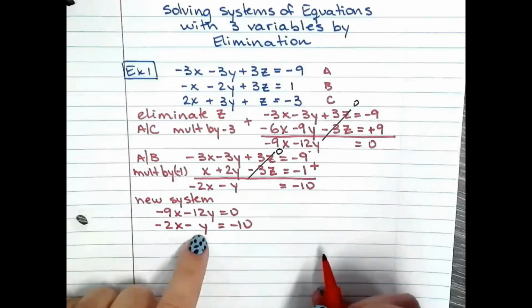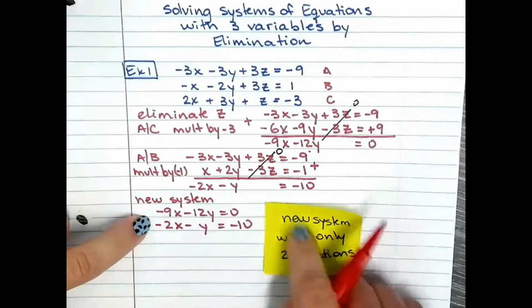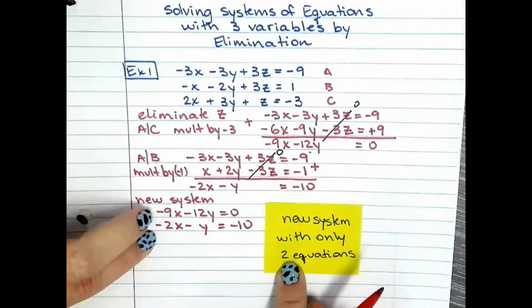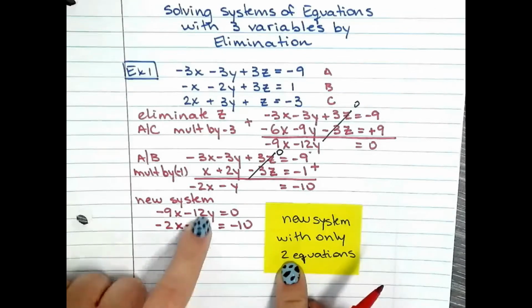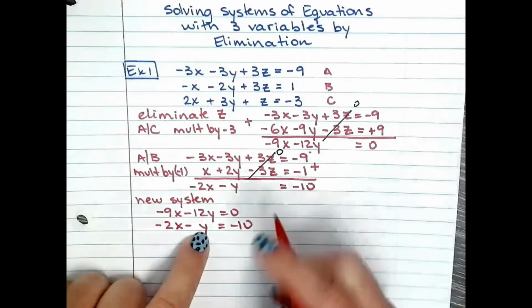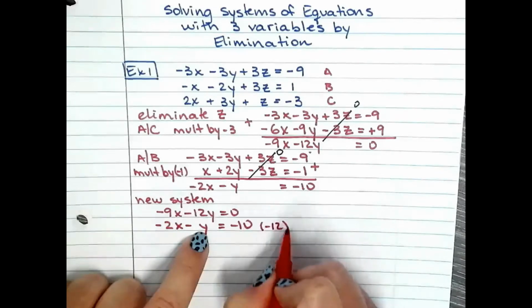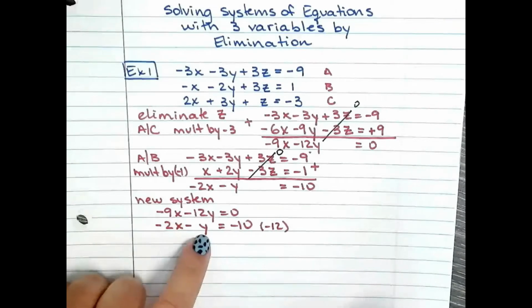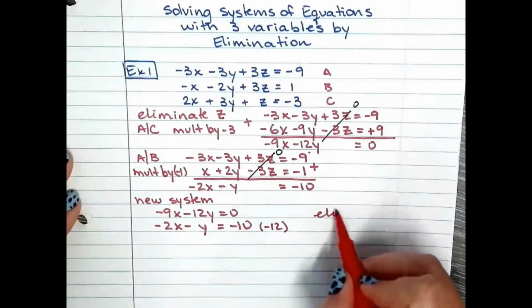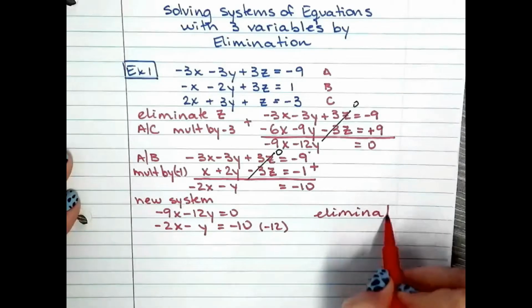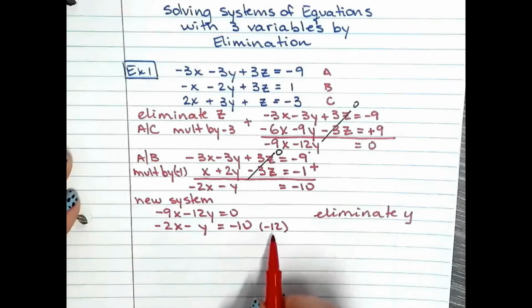So we're going to solve our new system of two equations by elimination, because I can simply multiply this one by negative 12 and get rid of y. So I will eliminate y by multiplying by negative 12.